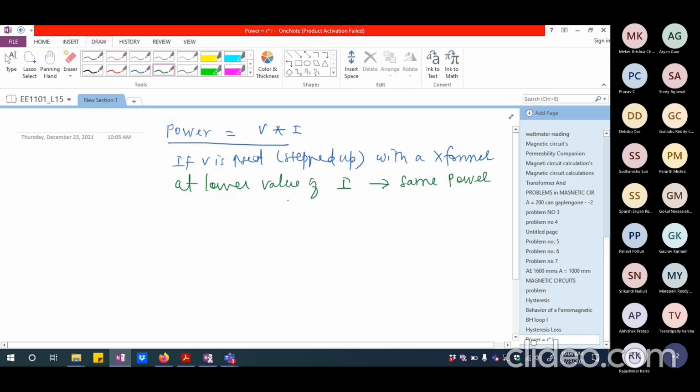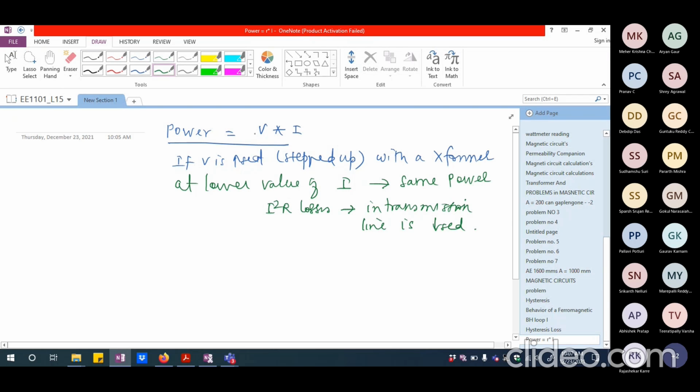So the I square R losses in the transmission line can be decreased. That is the reason why normally high voltage transmission is very commonly used.